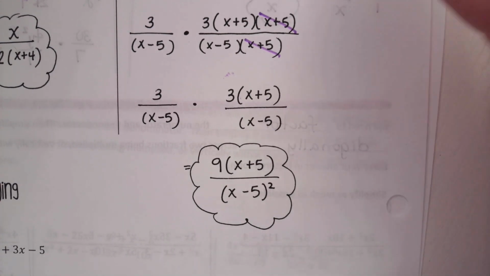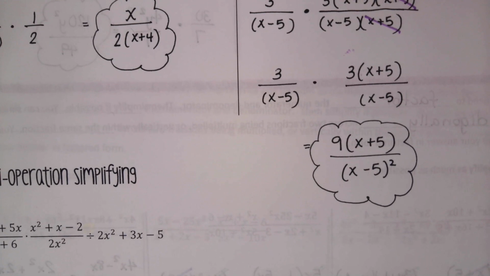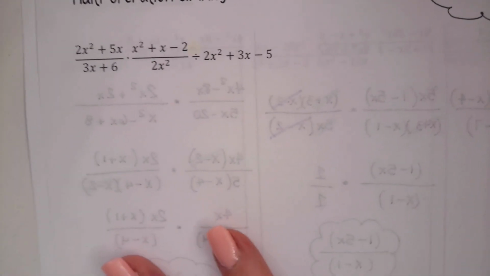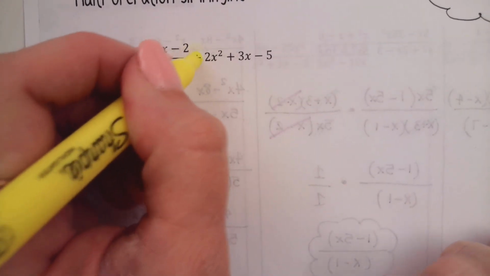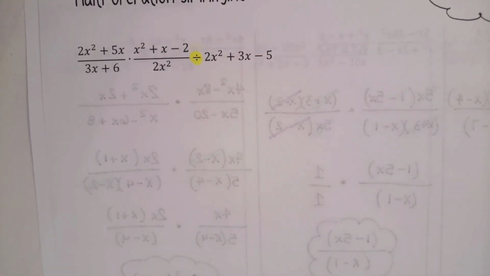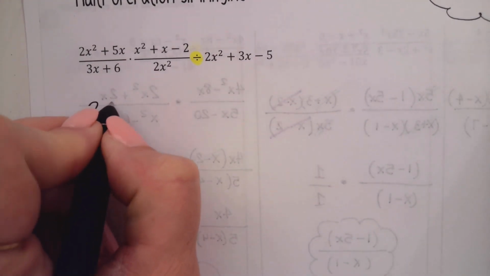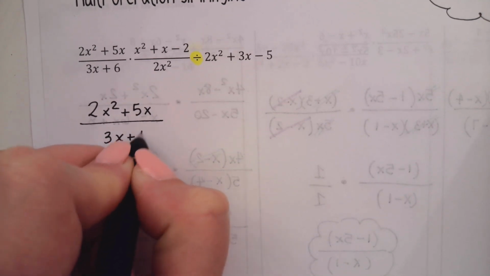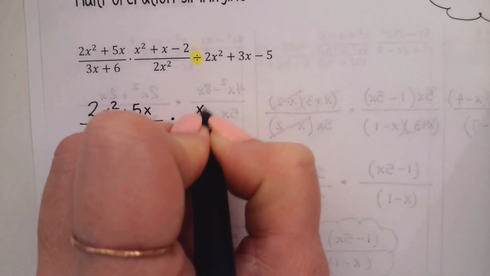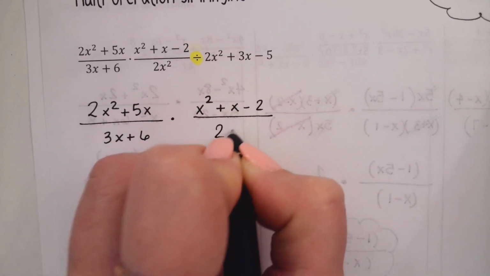All right, multiple operations, simplifying. I honestly don't think that's any harder than any of the ones we just did. But where I see division, what do I need to do first? Yep, reciprocal. We're going to keep everything on the first 2 the same. 2x squared plus 5x over 3x plus 6 times x squared plus x minus 2 over 2x squared.